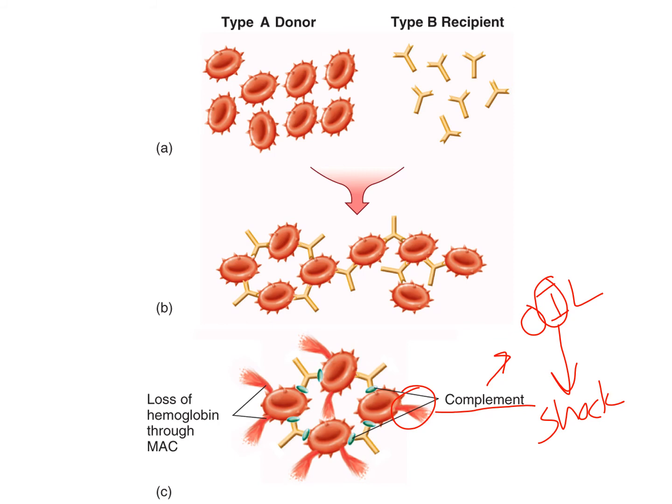So giving an individual the wrong type of blood could cause agglutination of all the red blood cells, lysis of those red blood cells by MAC formation, and then systemic inflammation. So giving an individual the wrong type of blood can induce shock in a matter of hours.